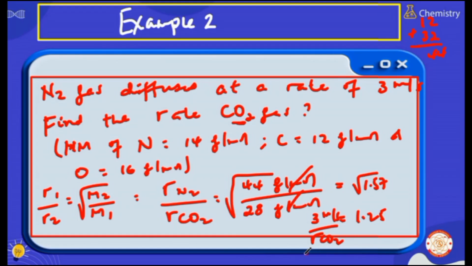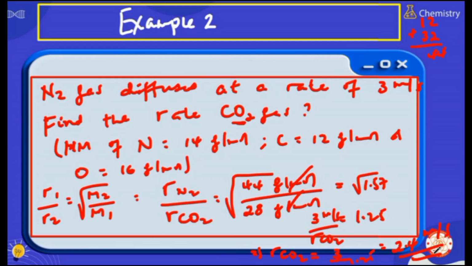So solving this, the rate of carbon dioxide is equal to 3 over 1.25, and this gives you 2.4 meters per second. So this is the rate of carbon dioxide. Rate of carbon dioxide is 2.4 meters per second.